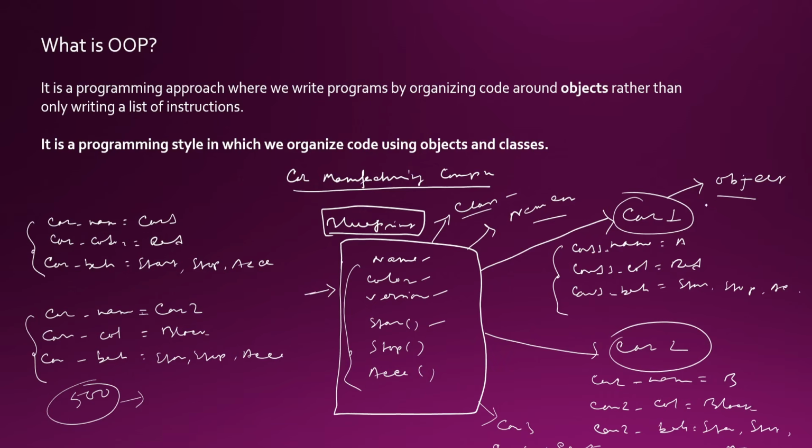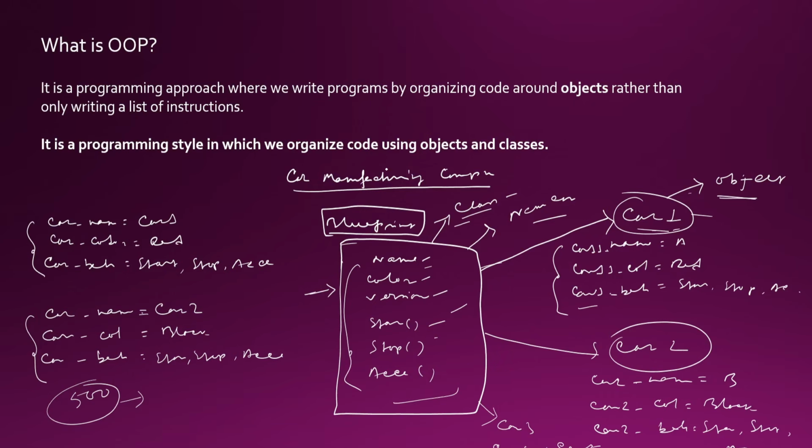Using this class, we create multiple objects, and those objects have all the properties and behavior that this blueprint has. So this entire system makes our code simple and more organized, right? This is why we need to use object-oriented programming.